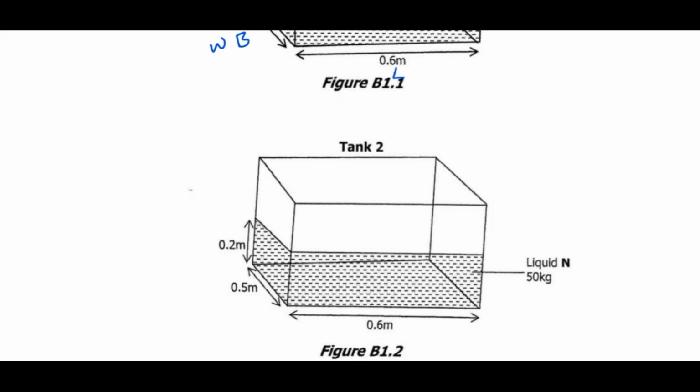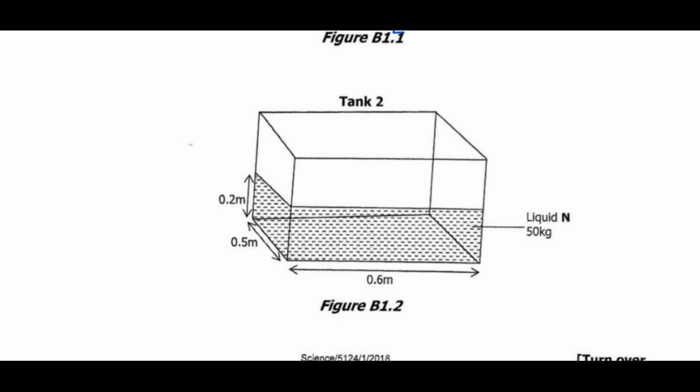So let's find it for liquid N. We can see that the base area is the same because the dimensions are 0.6 for length and 0.5 for width, but the height now changes to 0.2. So use the same formula. It's L times B multiplied by H. Length is still 0.6 times 0.5 multiplied by 0.2.